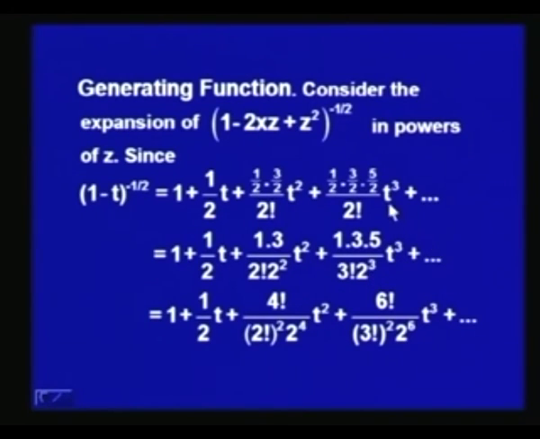We can write it in a convenient form as 1 plus half t plus 4 factorial over (2 factorial square 2 to the power 4) t square, then 6 factorial over (3 factorial square 2 to the power 6) into t cube, and so on.